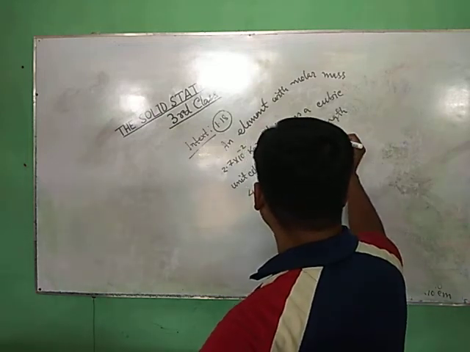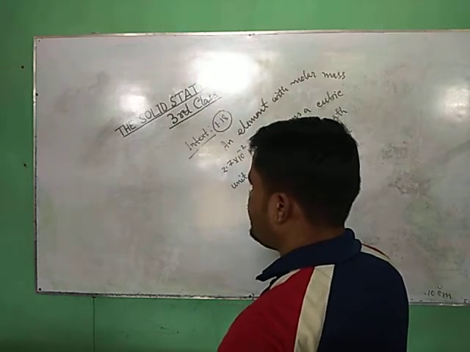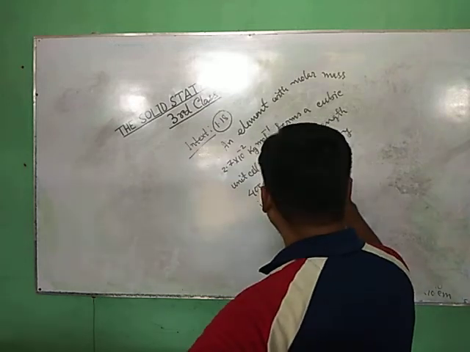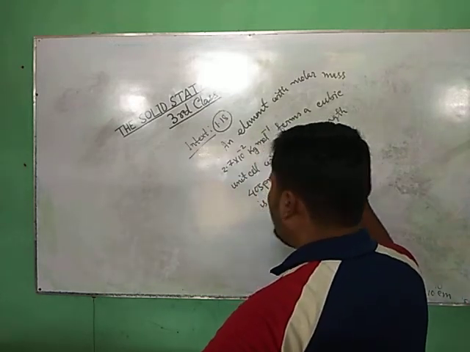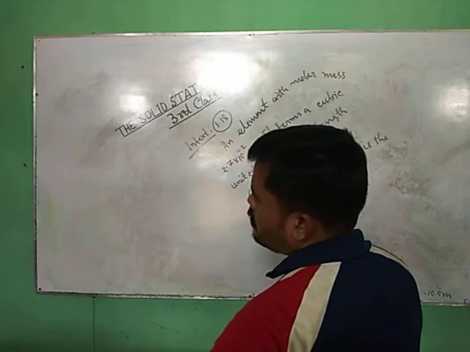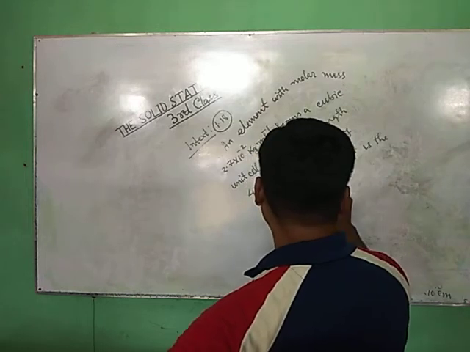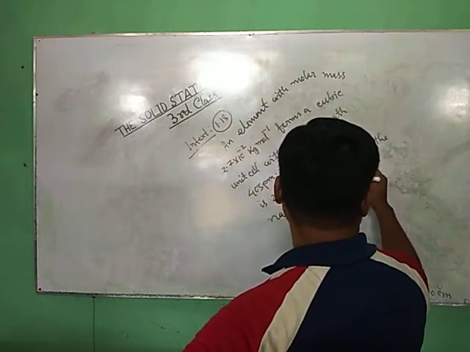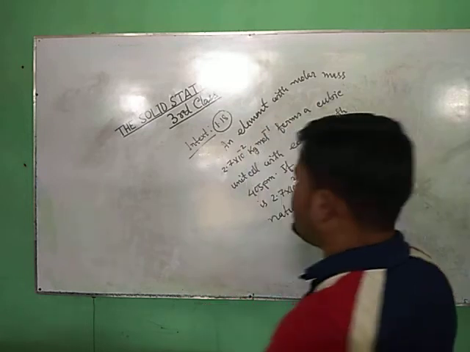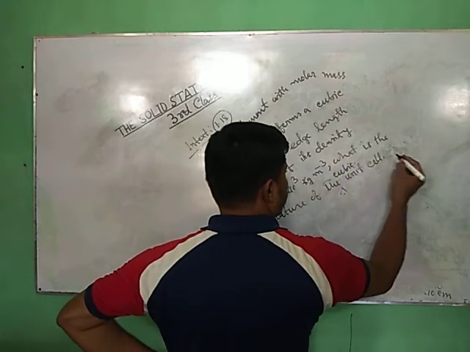If its density is 2.7 into 10 to the power 3 kg per meter cube, what is the nature of the cubic unit cell?